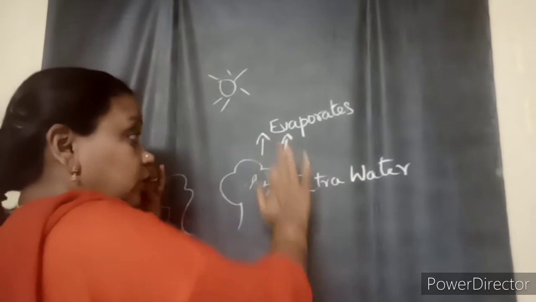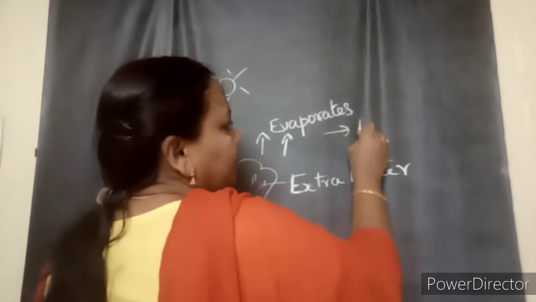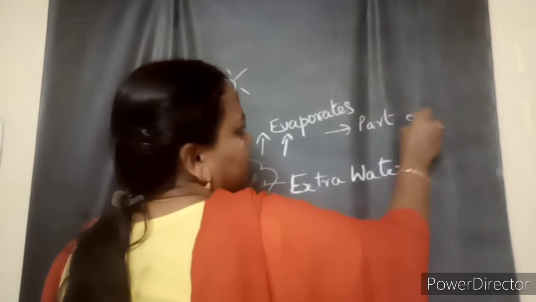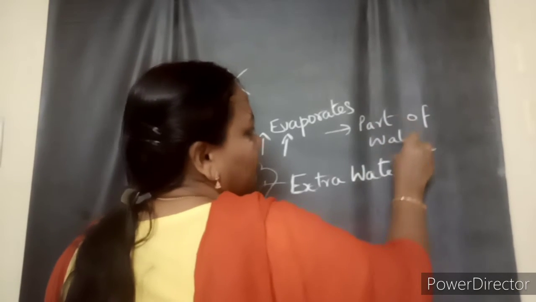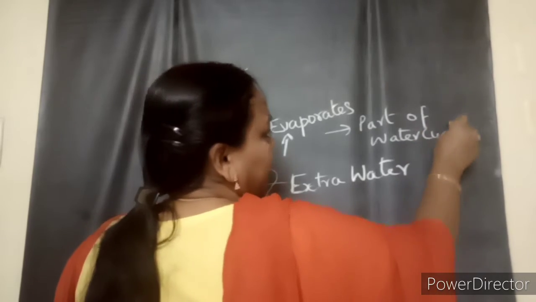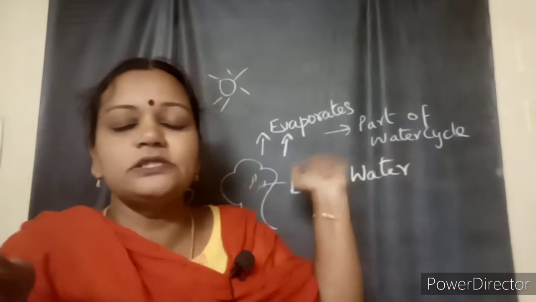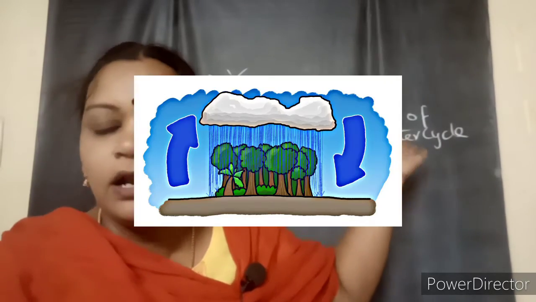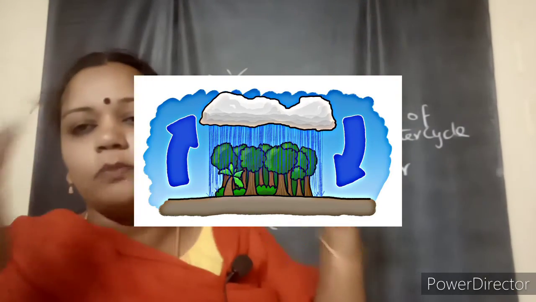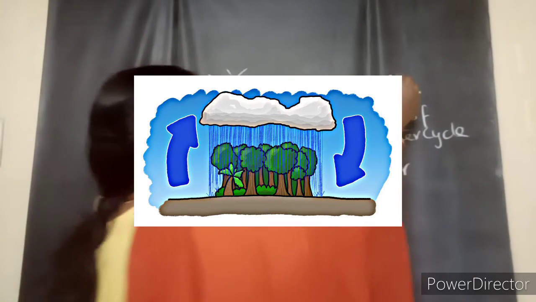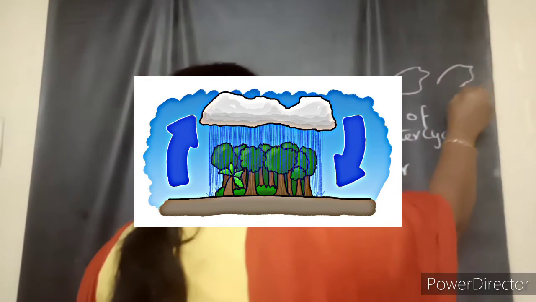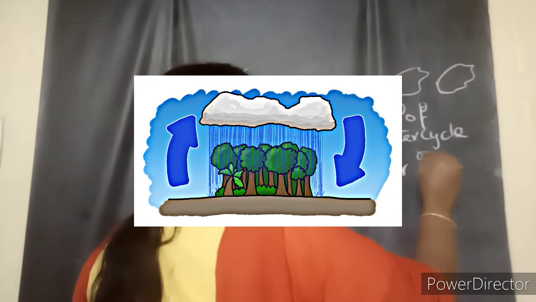So here this water which is evaporating will also become a part of the water cycle. From the water bodies also water is getting evaporated, no? This water also gets evaporated and mixes, and becomes a part of the water cycle, and they move up, form clouds and bring the rainfall.